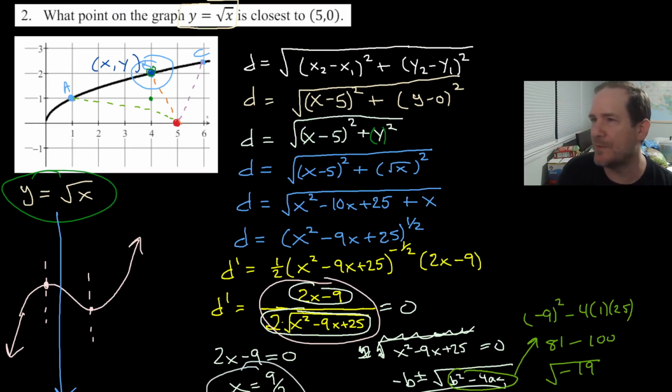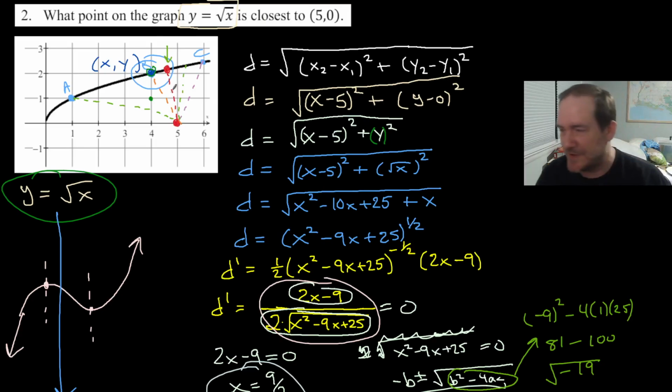So if we draw the point that's at 4.5 and go straight up, you can probably agree that that distance right there is actually a little bit smaller than the orange distance. And as soon as I tried to move away from that point, we'd be right back to getting a little bit longer distance again. So I feel really good that that point right there truly is the point that is the very closest to (5, 0).